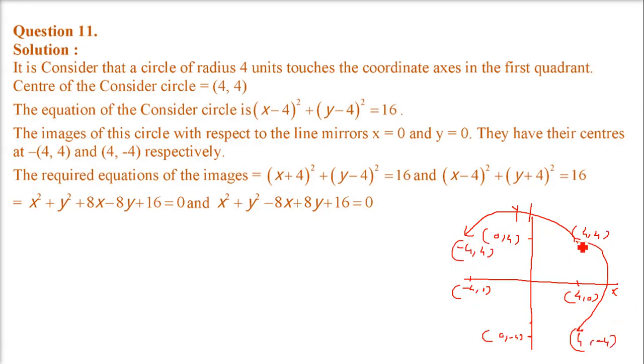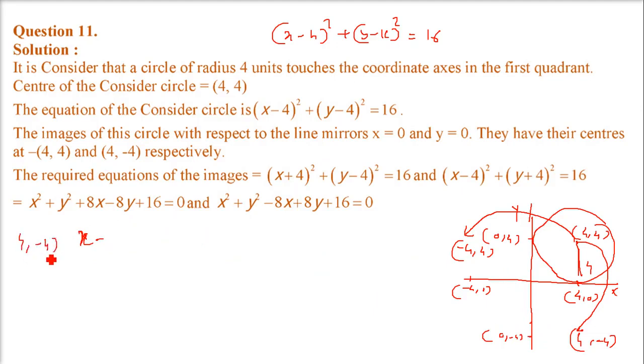And you know the radius is, as we have already seen, if I make a circle like this the radius will be 4. So I'll just use the formula (x minus h) whole square plus (y minus k) whole square equals r square. R square I'm just putting directly as 16, since 4 times 4 is 16. In this case h is 4 and k is minus 4.